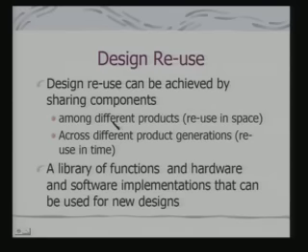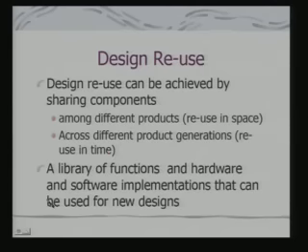In fact, the whole idea of space is that if you are simultaneously developing two different products, in some way differentiated in terms of functionality, you can have your components shared between the products. So, that is why it is reuse in space. Else, if it is over different generations of products, it becomes reuse over time.